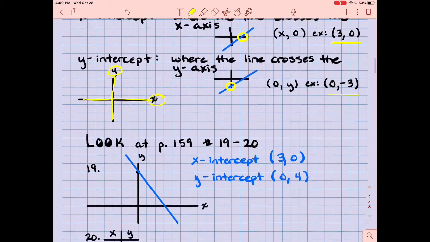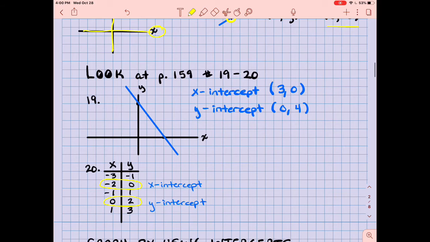Look at page 159, numbers 19 and 20. If I want to tell what the x-intercept is, I'm going to look at where it crosses the x line, and that happens to be at 1, 2, 3. So that point is 3, and notice that for y, we don't go up or down, so it's going to be 0.